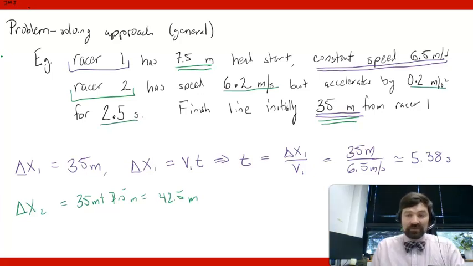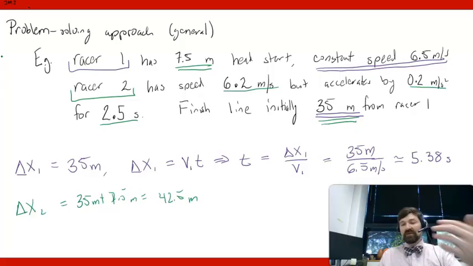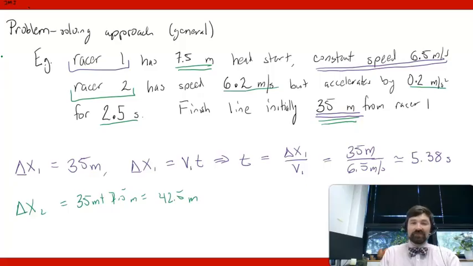Now this problem would be a lot easier if we were just told he accelerates like this for the entire time until he hits the finish line, but that's not how people usually take the last lap of a race. They don't usually get to just keep accelerating and accelerating. Usually they can put on a sudden burst of speed and that's about it. We may even be pushing it by saying they get 2.5 seconds of acceleration, although I did give them a relatively low acceleration for that 2.5.